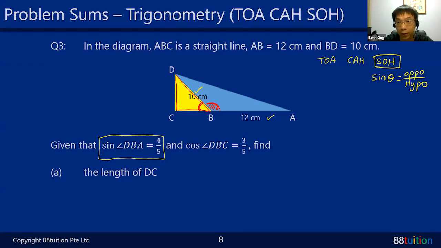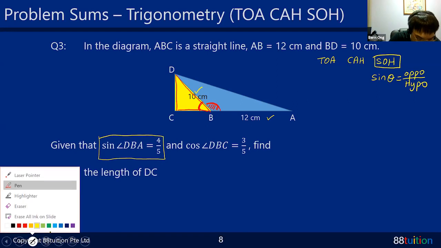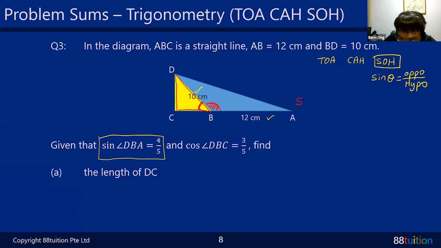I need to find more information about my yellow triangle first, because it's easier to work with a right angle triangle. Even though they give me the sine outside, I know there's a relationship to the sine inside. So I will tell myself, sine outside is the same as sine inside.